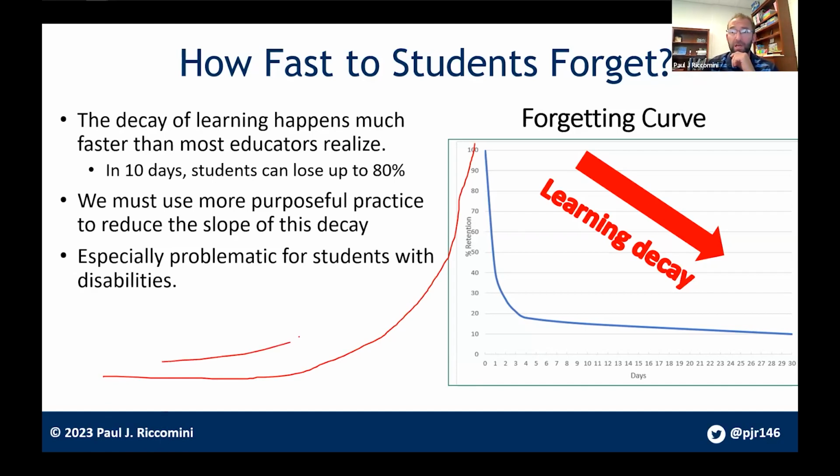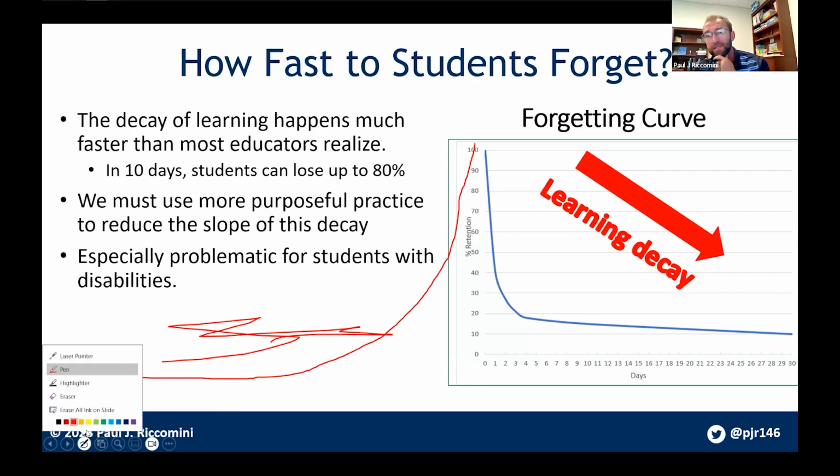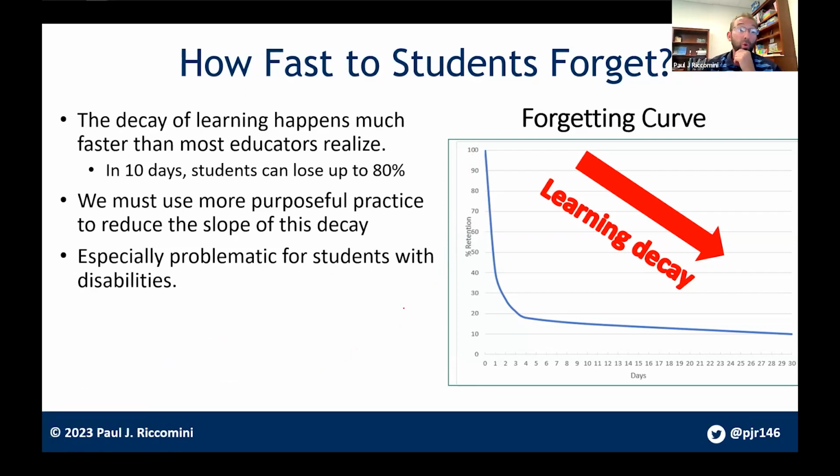This is where we are really focusing on, and this creates tension because we know how many days we have, we know how much content we have to cover, so we're really focused on trying to get kids learning. What the forgetting curve is showing us is how quickly kids forget.